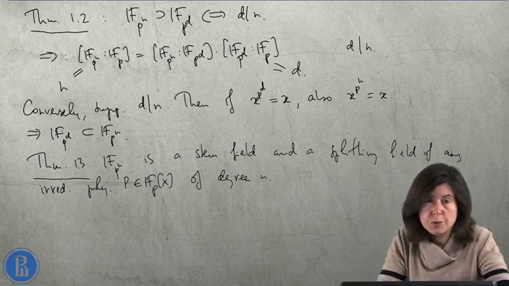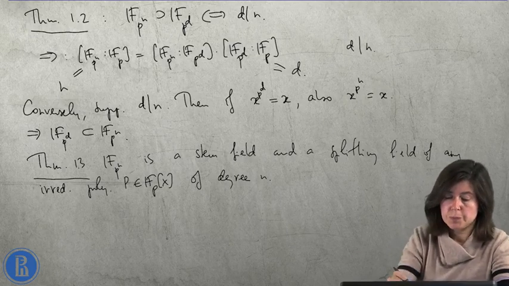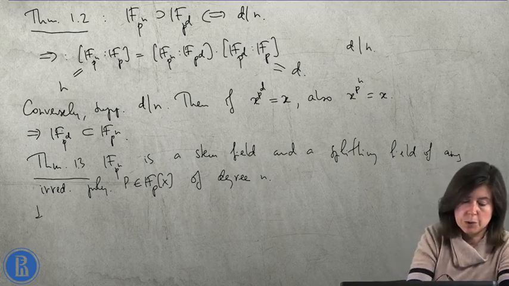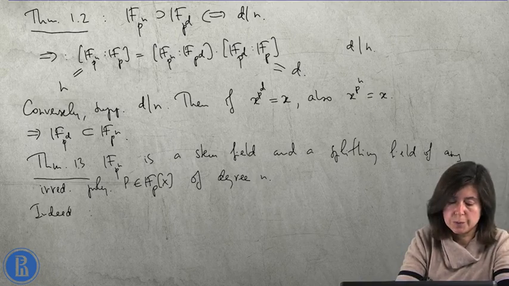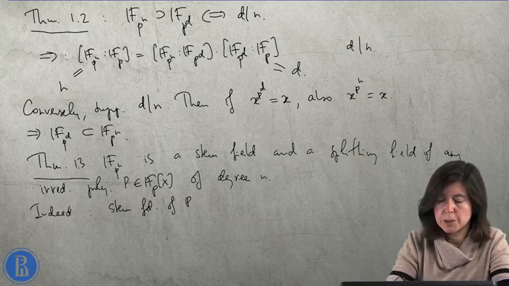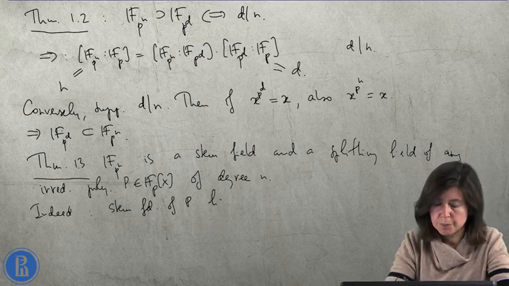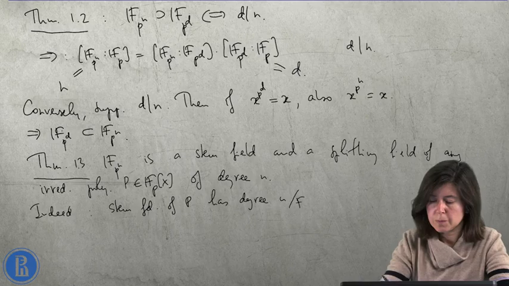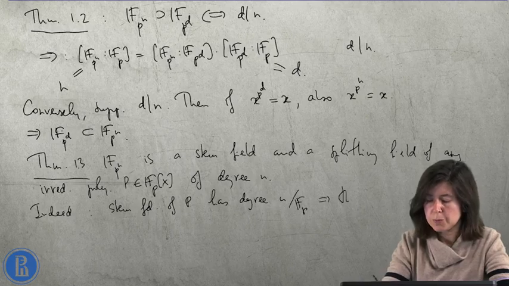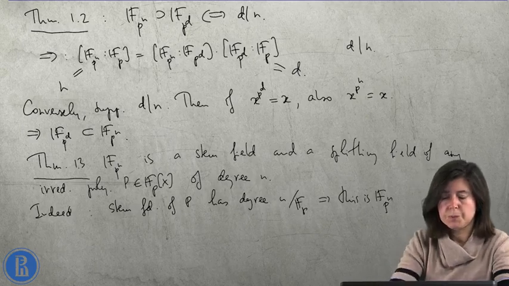So the part about stem field is clear. Indeed, a stem field of P has degree n over F_p. So this is F_{p^n}.